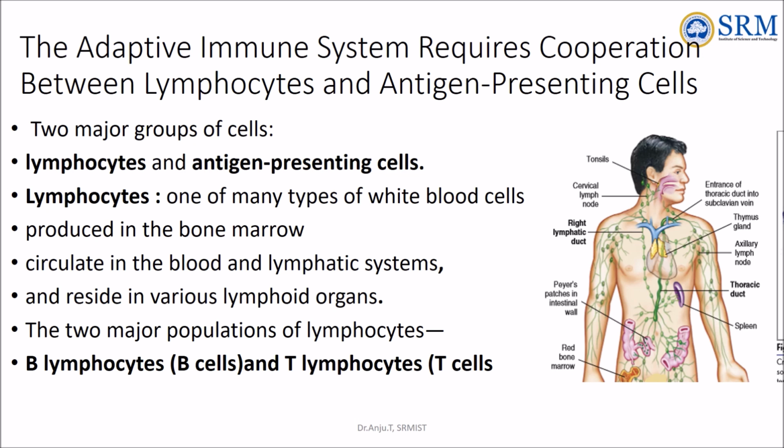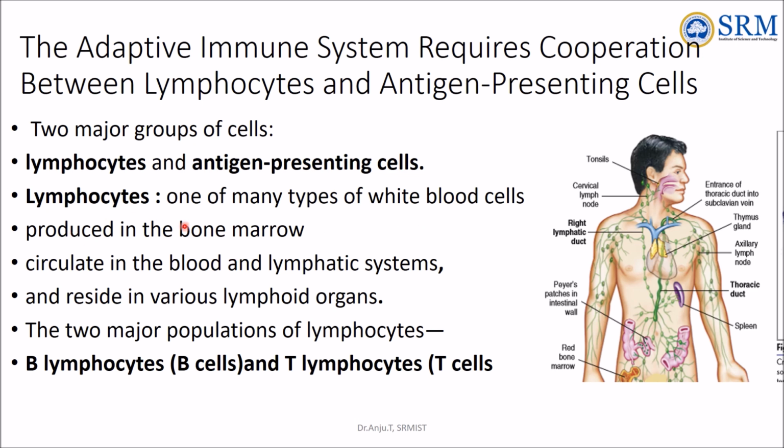Adaptive immune responses consist of majorly two groups of cells. One is the lymphocytes, and the other type of cells are the antigen presenting cells. Lymphocytes are a type of white blood cells.